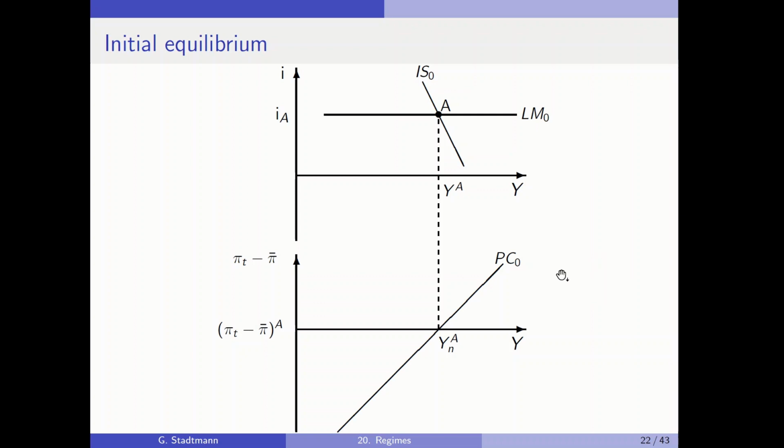The Phillips curve is upward sloping because we work in a diagram where we have the GDP level on the horizontal axis and not the unemployment rate. Therefore, the Phillips curve is upward sloping.